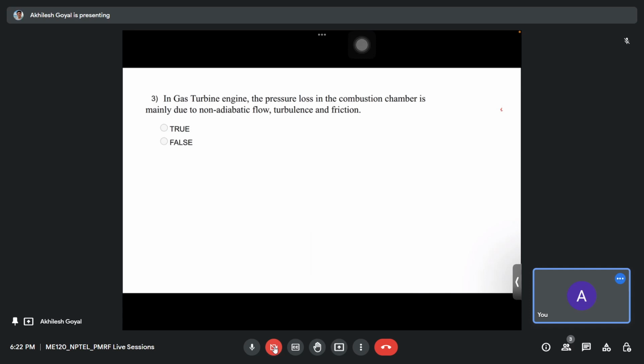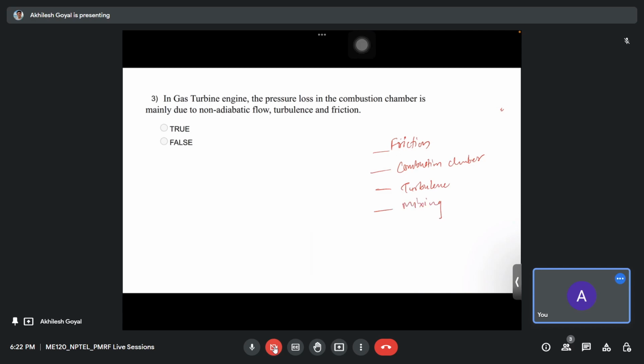As you already saw in the course videos, the main reasons of pressure loss in the combustion chamber are, the first main is the friction, the second one is combustion itself, and the third one is turbulence and mixing.